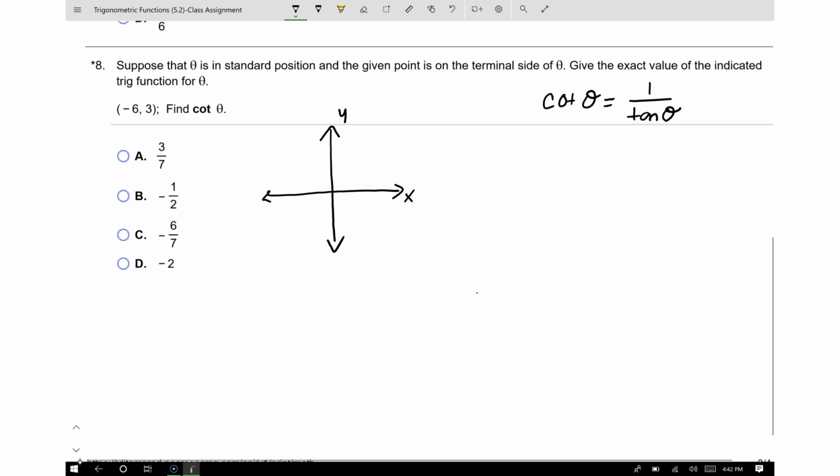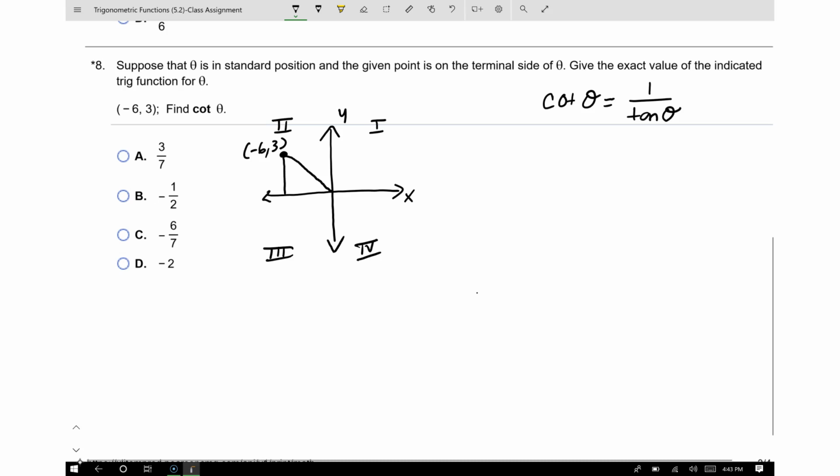But you notice now we have (-6, 3). So we have quadrant 1, quadrant 2, quadrant 3, and quadrant 4. So (-6, 3) is in quadrant 2. And I'm going to label the point (-6, 3).